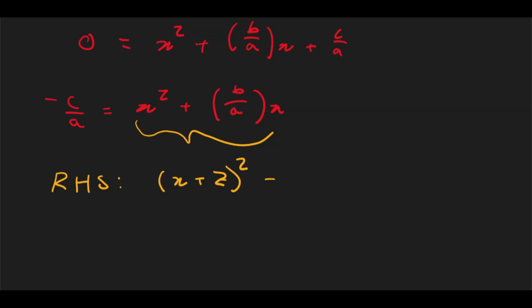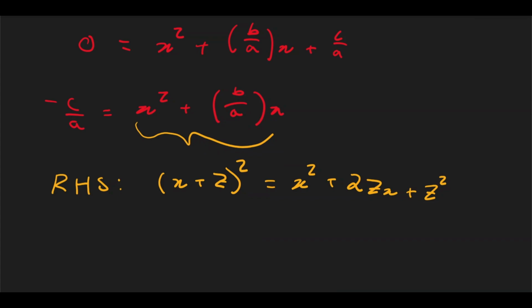So if we expand this out, we're left with x squared plus 2zx plus z squared. And this is really cool, right? Because this x squared matches up with this x squared. We have 2zx here, and we have b over a x.